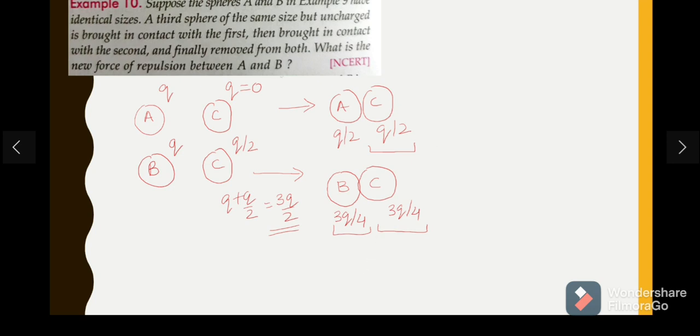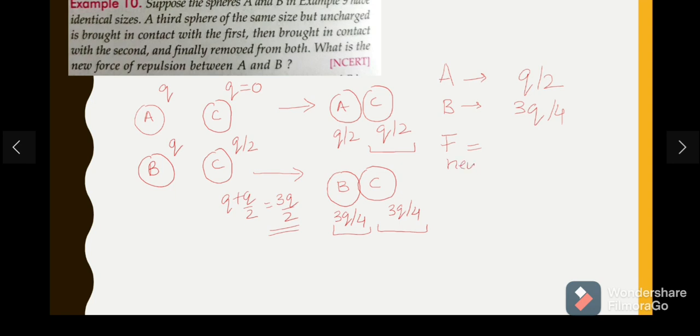Now the question says, what is the new force of repulsion between A and B? So now let us look what are the charges on A and B. Now the charge on A is Q by 2 and charge on B is 3Q by 4. Fine. So what would be our new force?